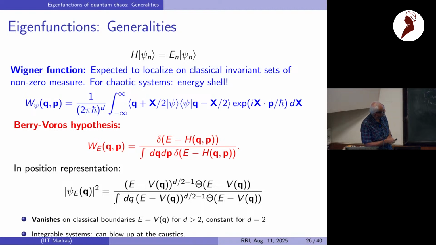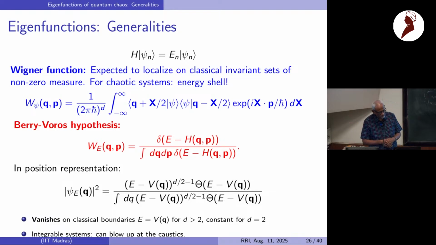Why is it peaking around that? Because that entire energy shell is an invariant object. We talked about invariant densities. This entire energy shell doesn't change with time, and eigenstates are things which don't change in time, and therefore they will correspond to classically invariant objects.